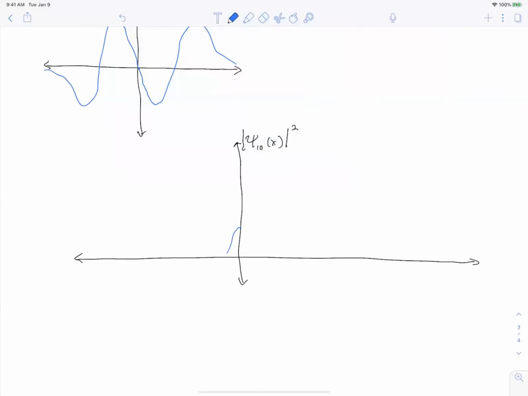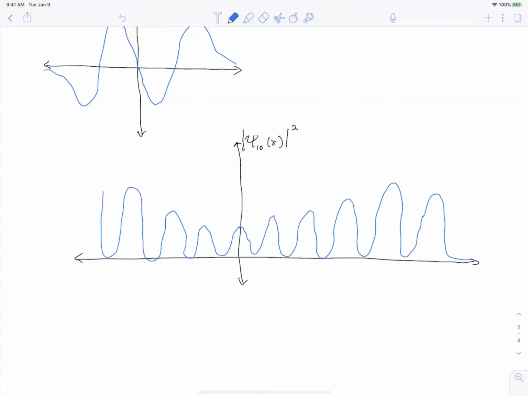It has a shape like that here, and then it's got a bunch of wiggles. The wiggles start getting larger as I get farther away. I don't know if this is actually psi 10 or not, but it's 1, 2, 3, 4, 5. I think I did psi 12 by accident. But the wiggles get bigger until they finally get to the last wiggle.